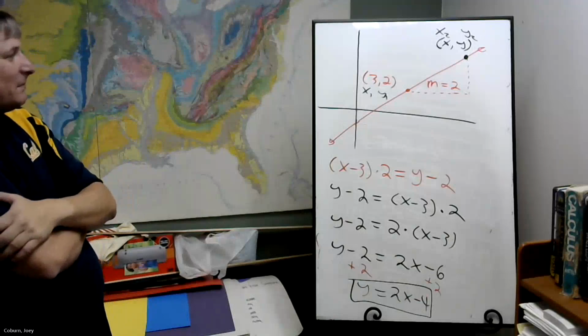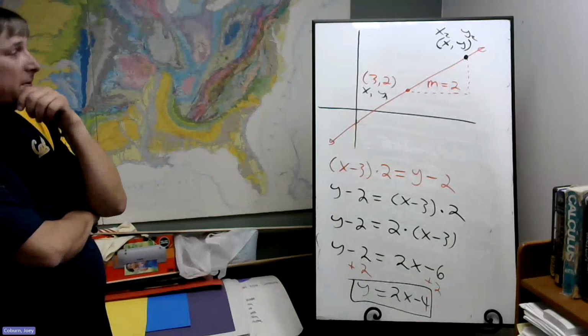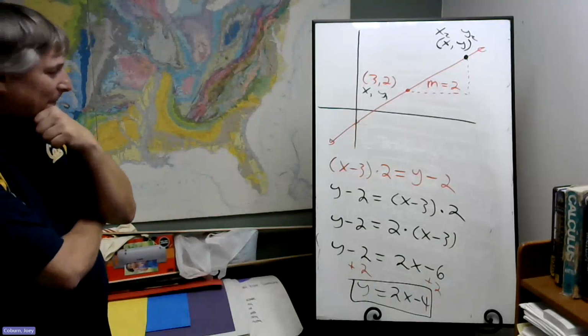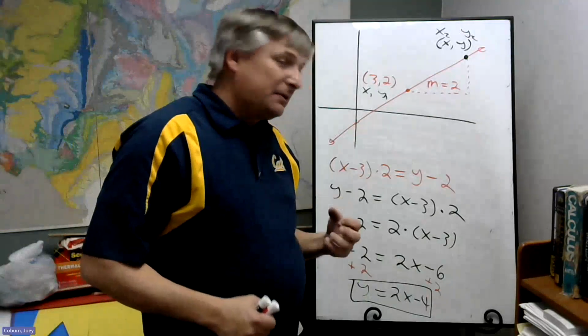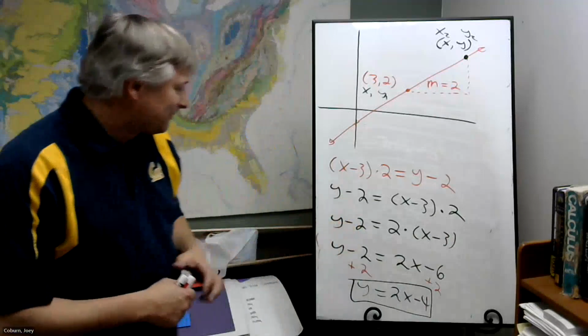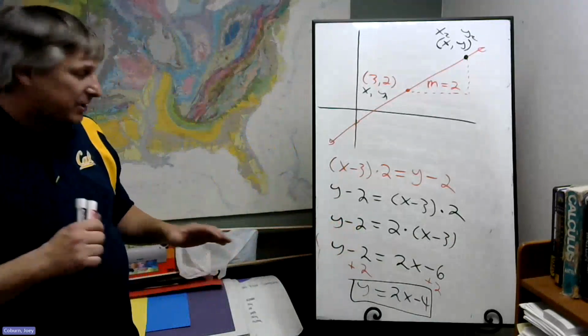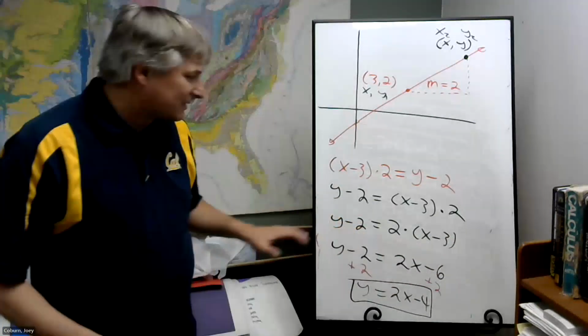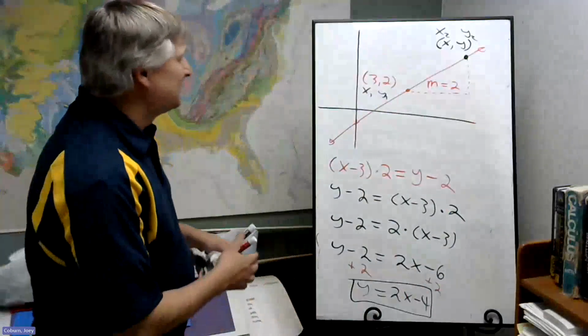So, what do we do with this? Well, what we're going to do is use a formula. And the formula actually brings us back up to here. The formula is this.